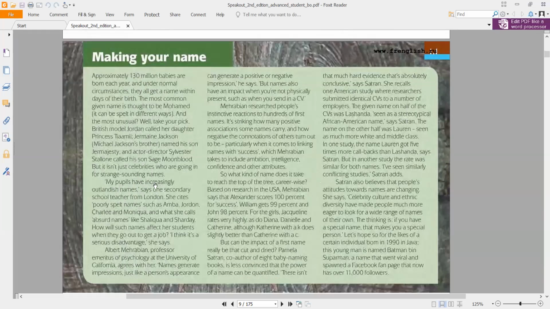No, I'm sorry, the third paragraph, the fourth line: can generate a positive or negative impression. Oh, okay. Generate here means create. Names generate impressions, like create impressions or make impressions.